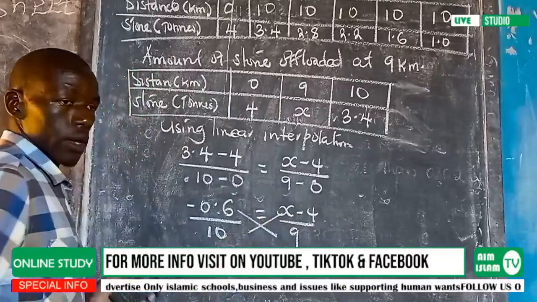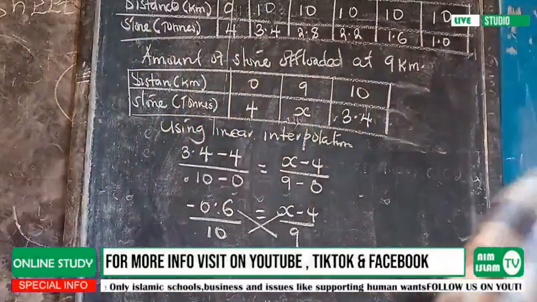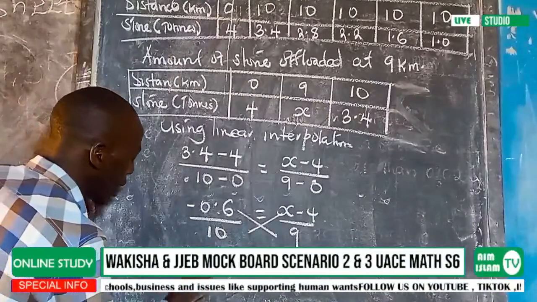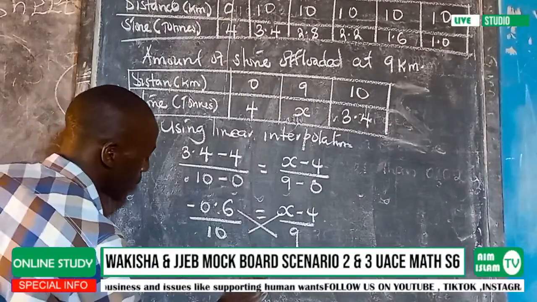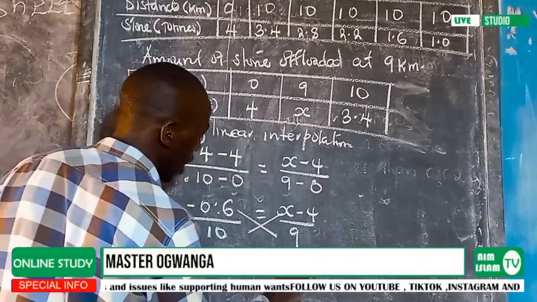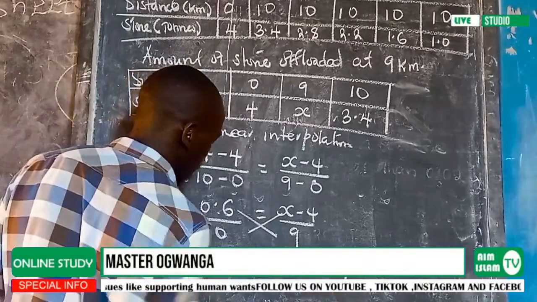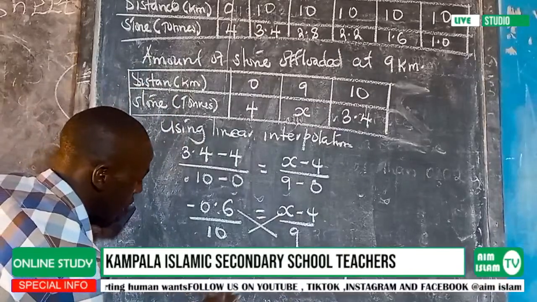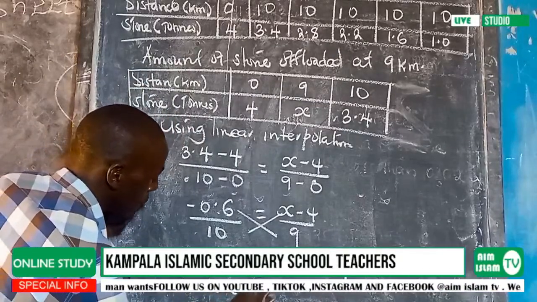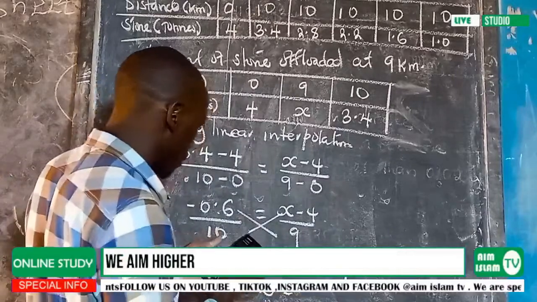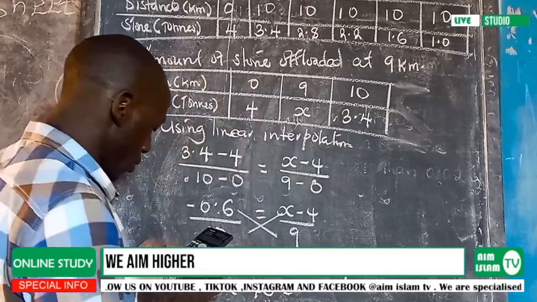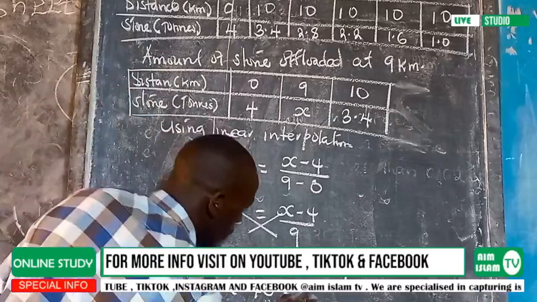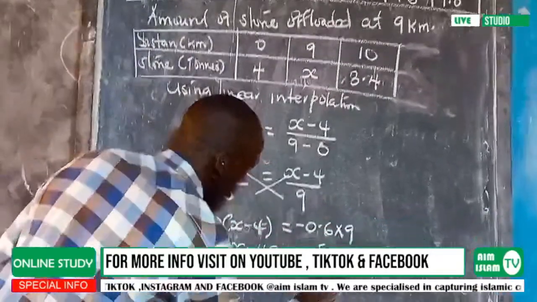So we can cross multiply. In our cross multiplication, we'll have 10 times x minus 4 equals negative 0.6 times 9. So we can multiply. This is 10x minus 40 equals negative 0.6 times 9, which is the same as negative 5.4.